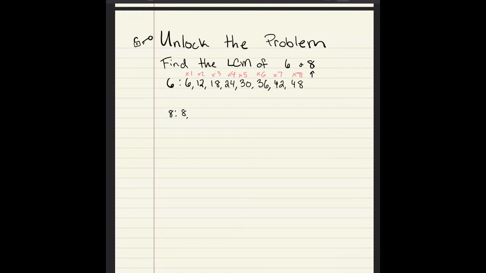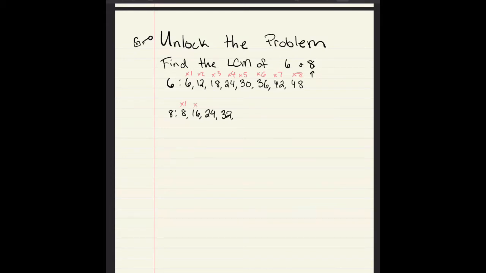So 8 times 1 is 8. 8 times 2 is 16. 8 times 3 is 24. 8 times 4 is 32. I'm going to go to 6 because 6 is the other number we're working with. So 8, 16, 24, 32.